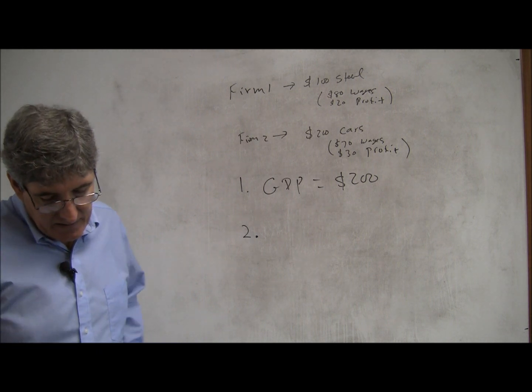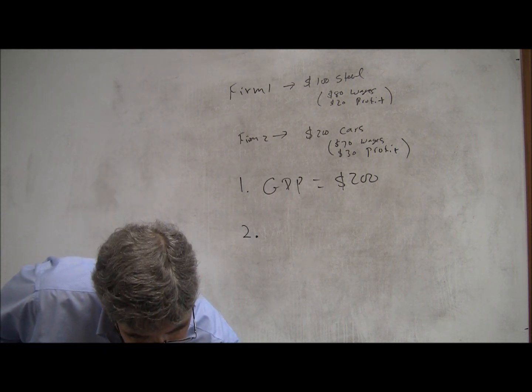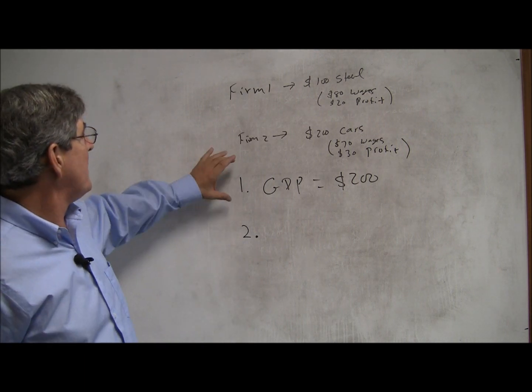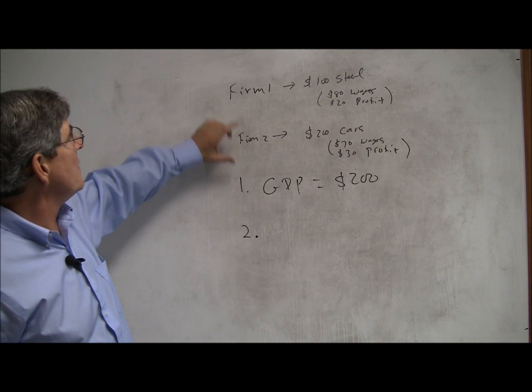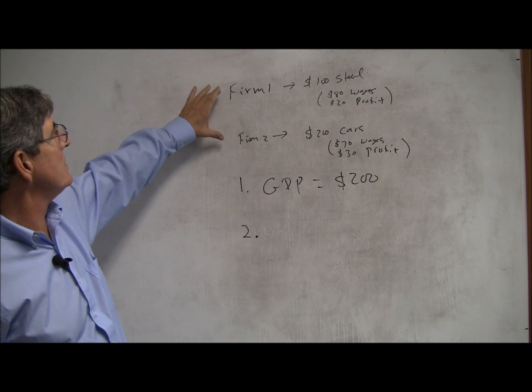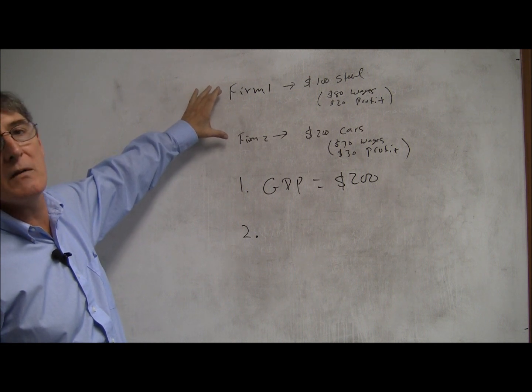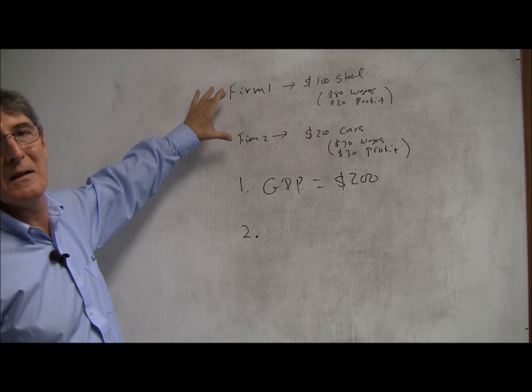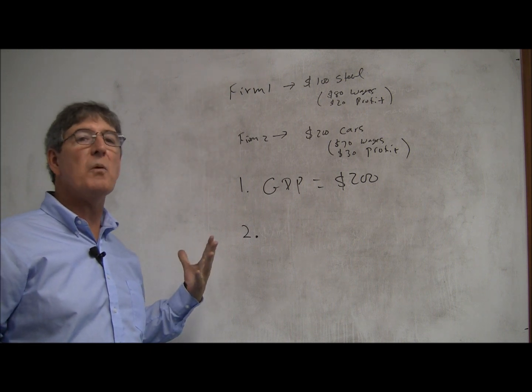Now, what about the value-added approach? The idea here, actually, if you want, let me go back to the first one. You can see this another way by letting these two firms merge into one firm. The merger shouldn't affect the value of GDP. It just determines who owns what.